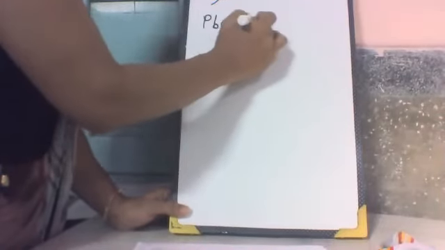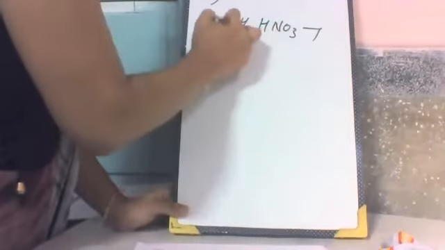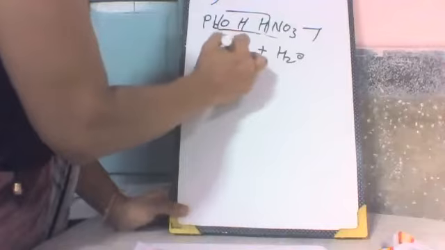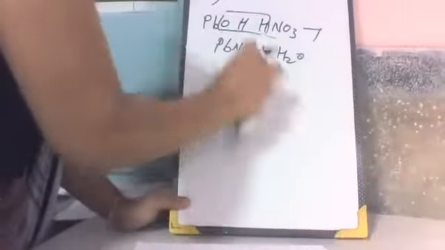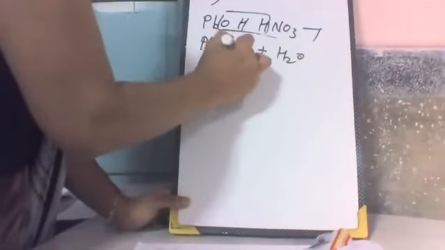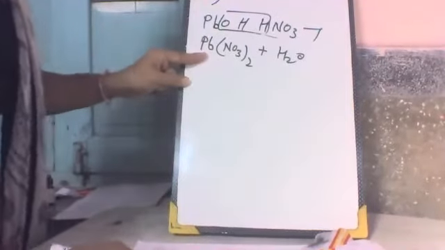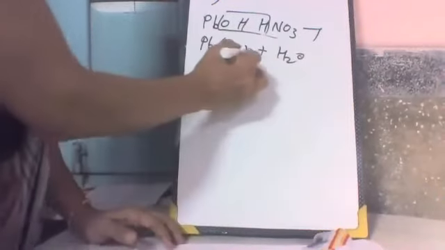PbO reacts with HNO3 and forms water and Pb(NO3)2. Pb(NO3) twice, because the valency of plumbum is 2, so it combines with the nitrate twice.